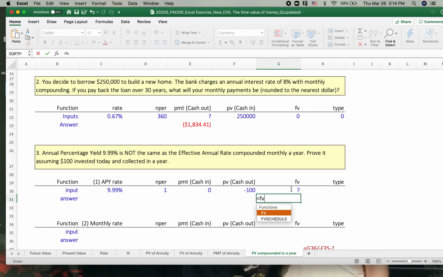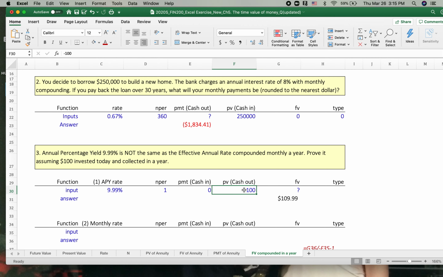Okay, future value 9.99%, 1, and 0, and minus 100. So definitely the future value is the $100 principal plus $9.99.